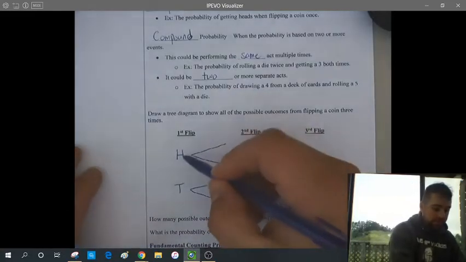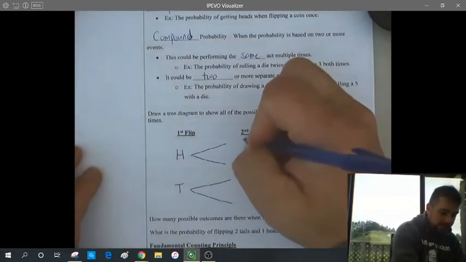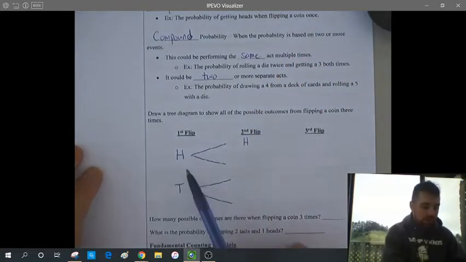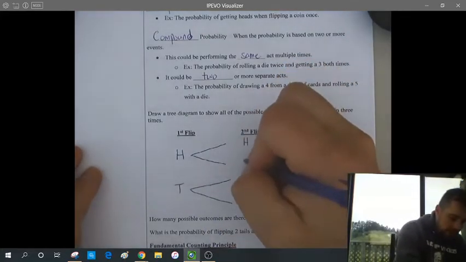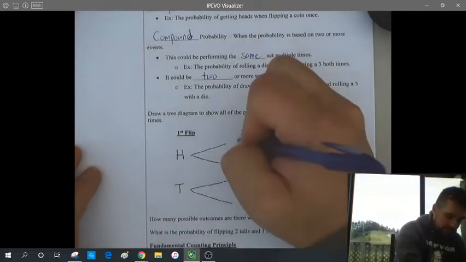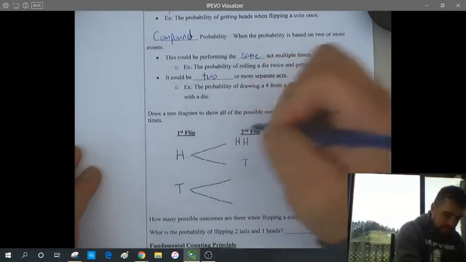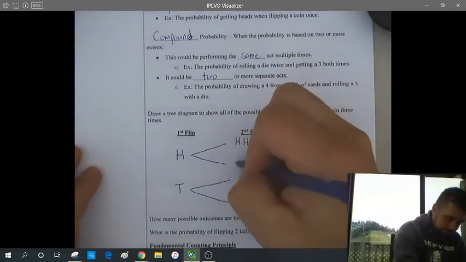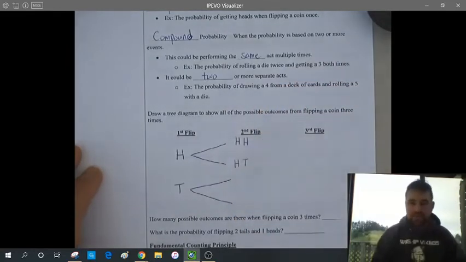So I could flip a heads, and then on the second flip, end up with another heads. Or I could have flipped heads on the first one, and then ended up with a tails, in which case we would have heads tails after our second flip.